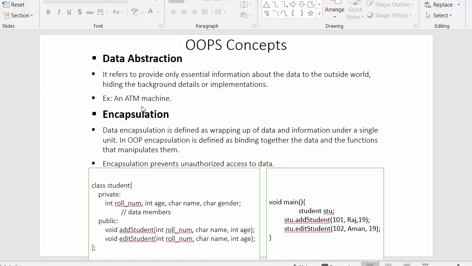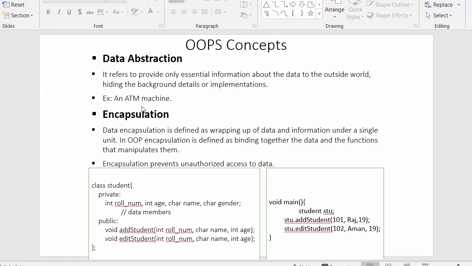What I'm trying to say is, whenever you write the code for developing any application, you should write it in such a way that when the user starts using the system, it provides only that much of information which the user needs at that point of time. No need to provide additional or extra information which the user doesn't require. That is what data abstraction is all about.